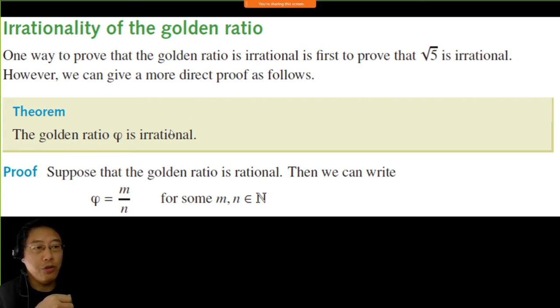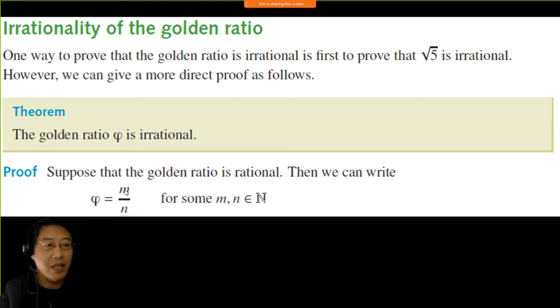So to prove that the ratio is irrational, you're going to suppose that the golden ratio is rational. So rational is the complete opposite. Now, if you assume that it is rational, a rational number can be expressed as a fraction.